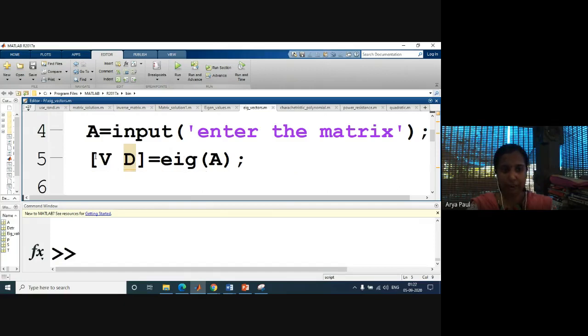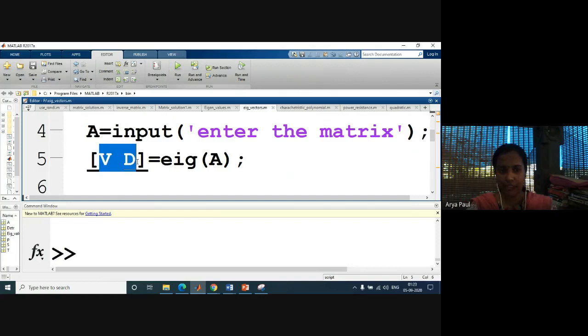In this particular format, you put a square bracket and inside it two variables. Let me take V and D. The first, V, will be the eigenvectors and D will be the eigenvalues. Once again, eig is the built-in function, and you type it in this format, inside a square bracket, two variables, V and D.